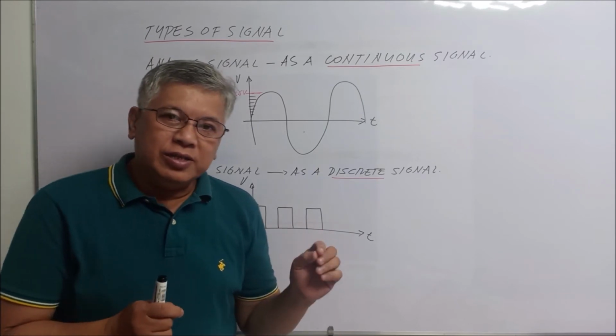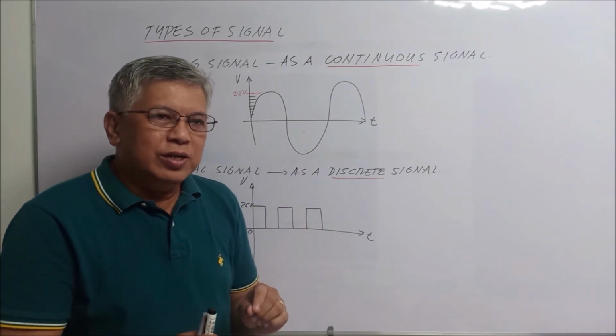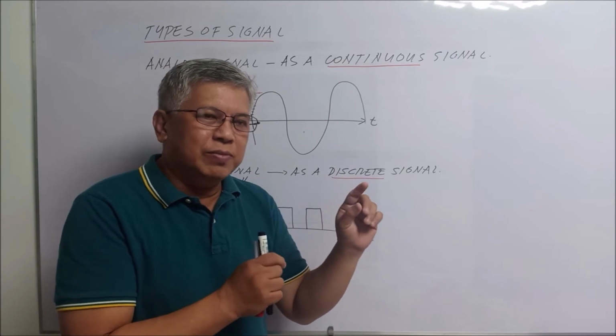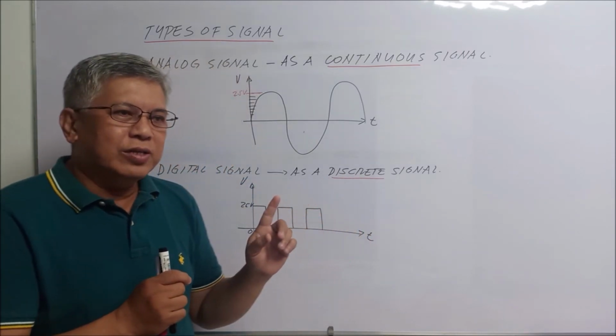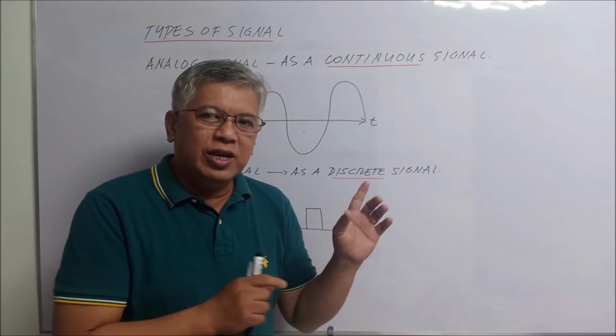Just like also when using an analog multi-tester, when you measure a signal, the value there is approximated. It is not exact.